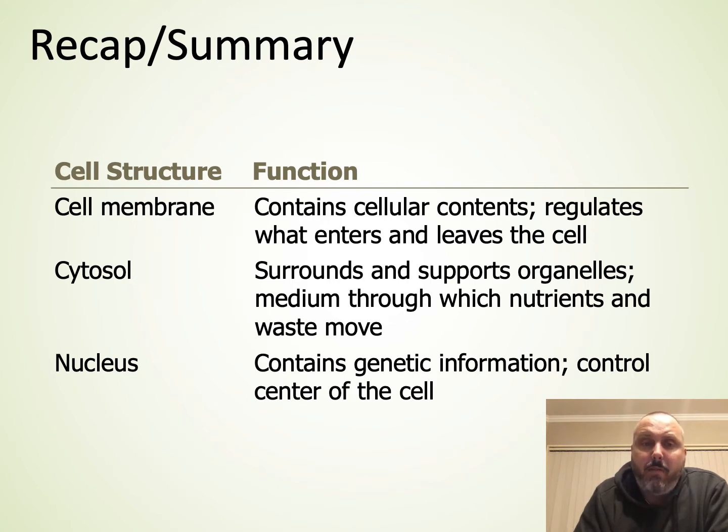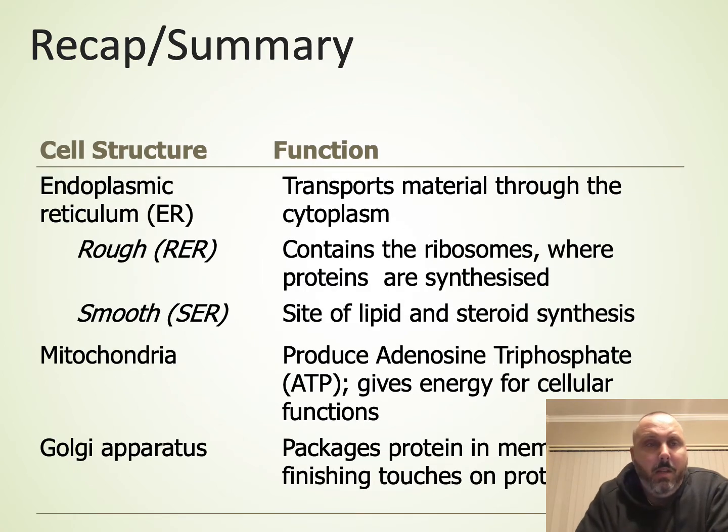Nucleus contains genetic information, the control center, the brains of the operation, basically controls all of the cellular functions. Endoplasmic reticulum, so it's a transport mechanism. Rough contains ribosomes where proteins are synthesized, and smooth, that's without ribosomes, and that's the site of lipid and steroid synthesis.